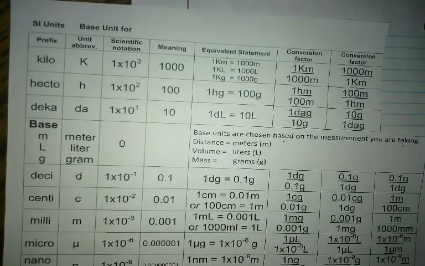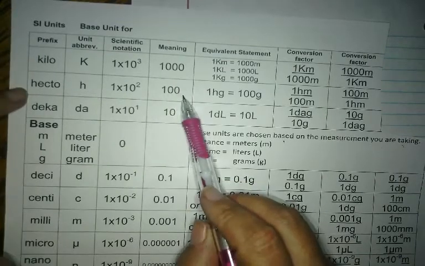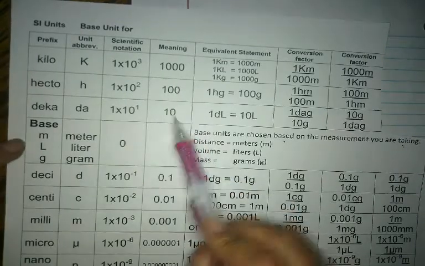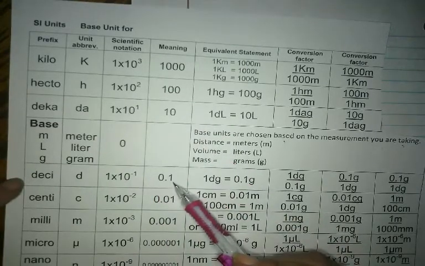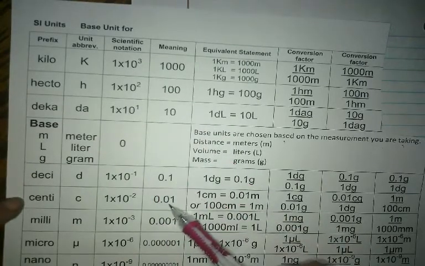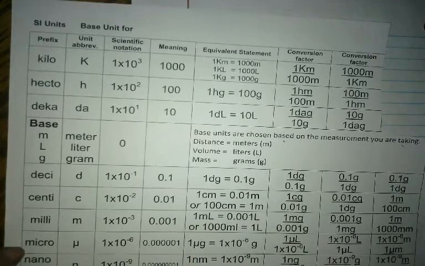Our base is at ground zero, and up and down we have names for these prefixes. Kilo is worth 1,000, hecto 100, deca 10. Our base is where we start, and then deci is 0.1, centi is 0.01, milli 0.001, and then we jump down and we have micro and nano.